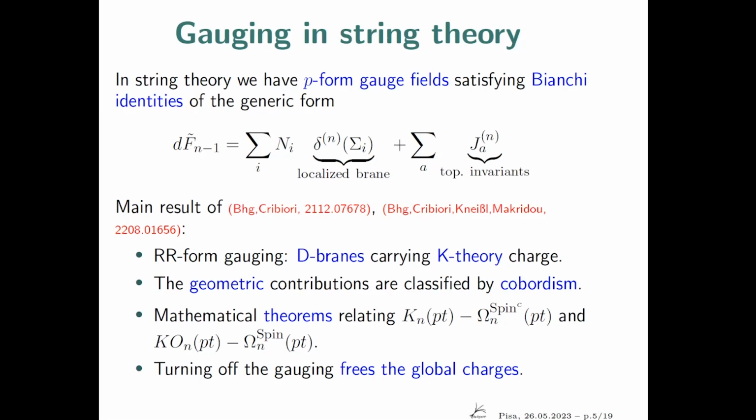So one way of thinking physically about these cobordism groups is very similar to thinking of them as K-theory groups classifying D-branes. And so the geometric contributions are classified by cobordism. And indeed, there is a deep mathematical theorem relating certain K-theory groups to cobordisms. There is even an isomorphism between the two. So the unitary ones are related to the spin-C cobordisms, and the orthogonal ones, which classify D-branes in type I string theory, are related to the spin cobordism groups.